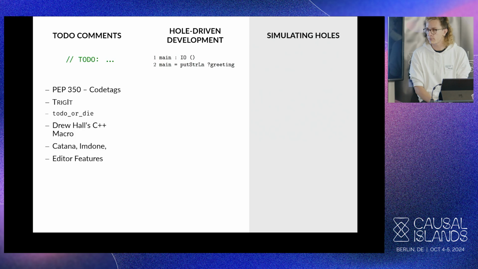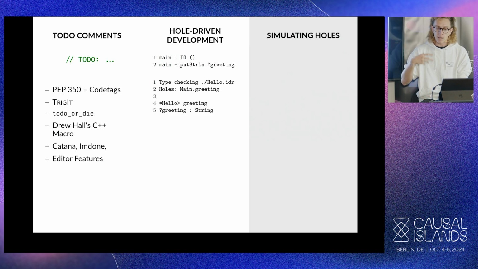Who of you has heard of the term hole-driven development? Oh, quite a bit, probably in this audience, not the representing group. So this example is taken from the Idris programming language, and the idea is that you can leave pieces of your code unimplemented, and then the compiler helps you out with which expressions might fit in there, because the compiler knows a lot about the types and which expressions are in scope and so on.